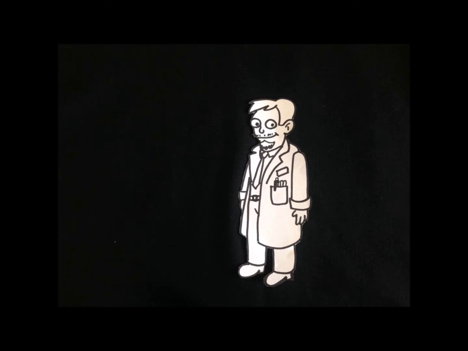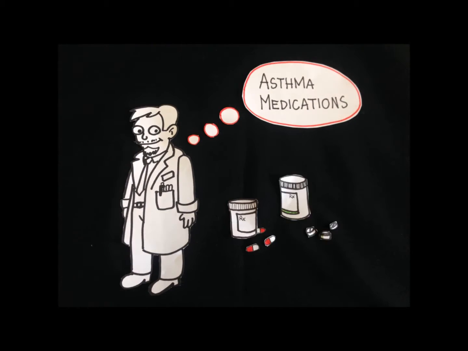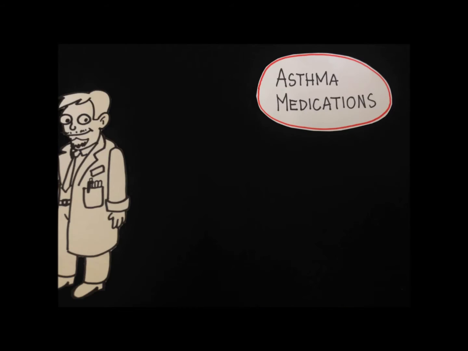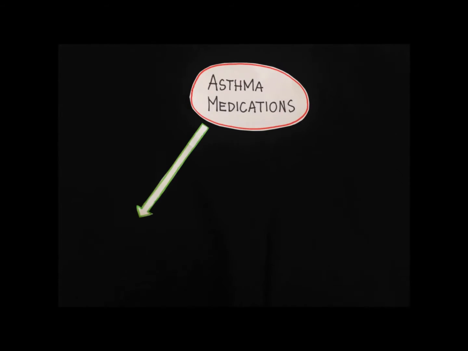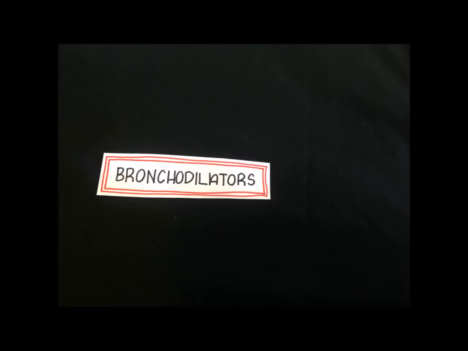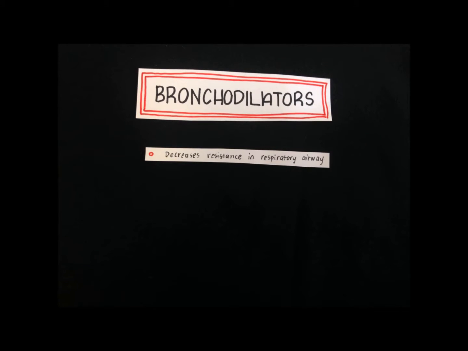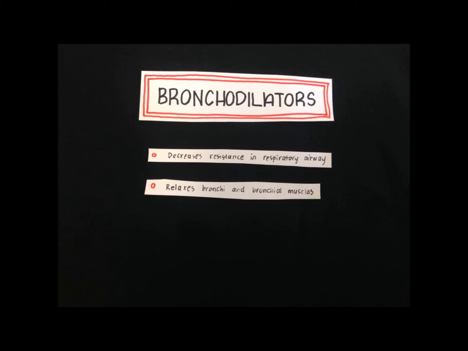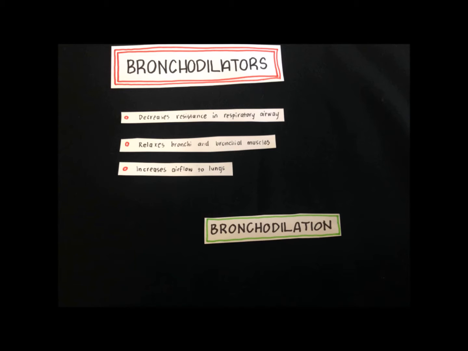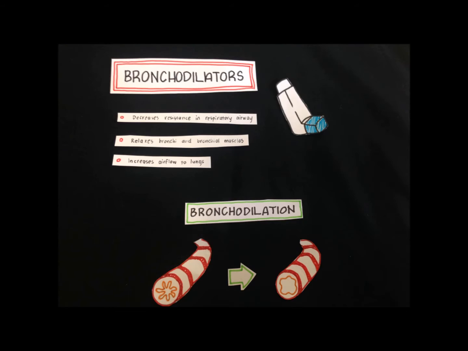The pharmacological approach to manage asthma in adult patients is generally divided into 2 classes. First is bronchodilators, second is anti-inflammatory drugs. Bronchodilators generally decrease the resistance in the respiratory airway, relax bronchial muscles, and increase airflow to the lungs, and cause bronchodilation.